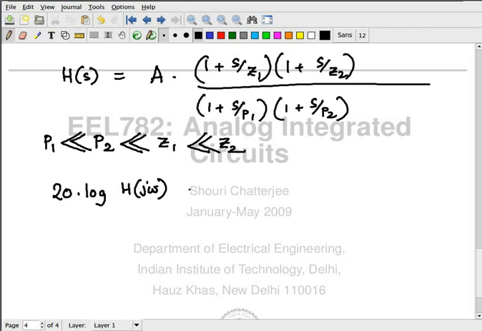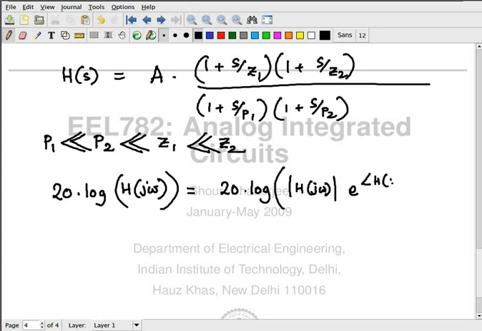Now, 20 times log of H of j omega is equal to 20 times log of modulus H of j omega times e to the power of j times the angle of H of j omega.